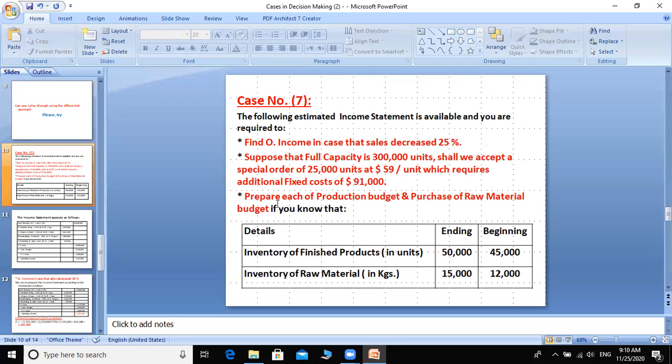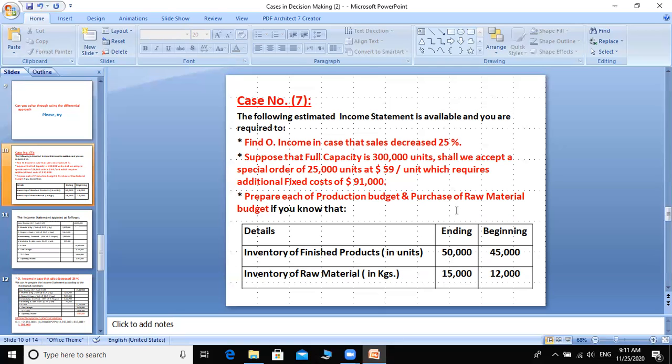The third requirement: prepare each of the production budget and the purchase of raw material budget. You know nothing about budgets till now, but budgets will be explained next lecture. I will give you an idea now to be able to complete our lecture next Monday.